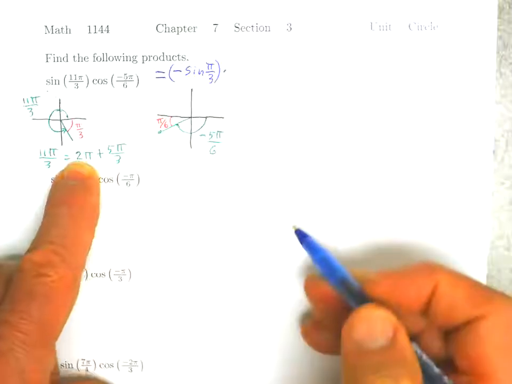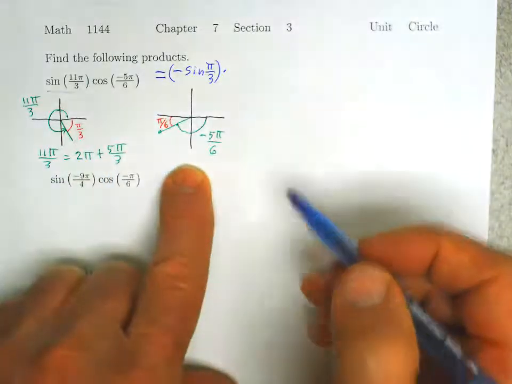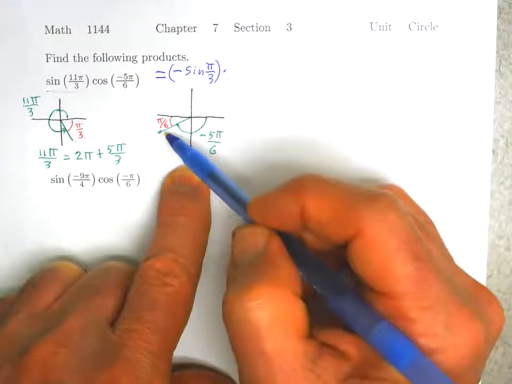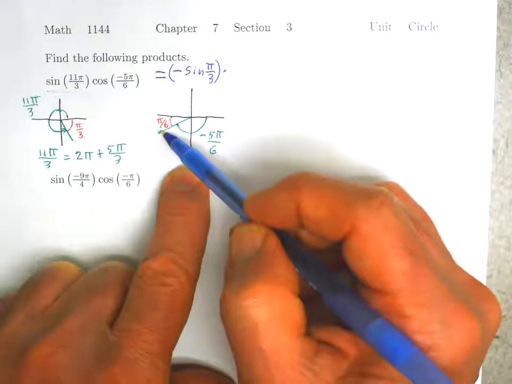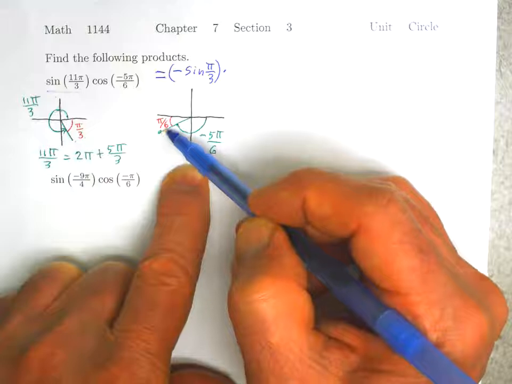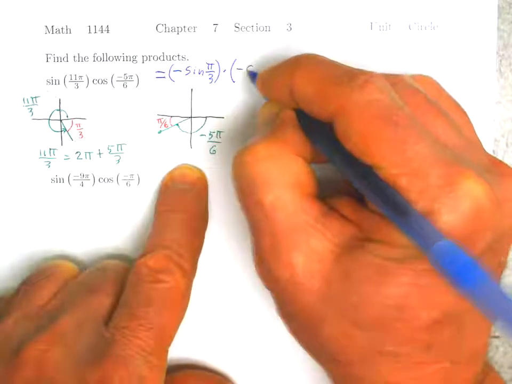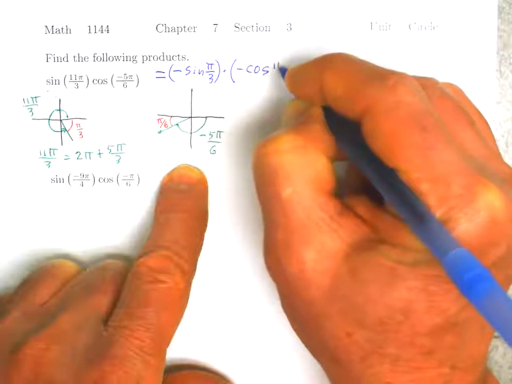And then we're going to multiply that by cosine of negative 5 pi over 6. This is in the third quadrant and cosine is negative, so this will be the negative of cosine of pi over 6.